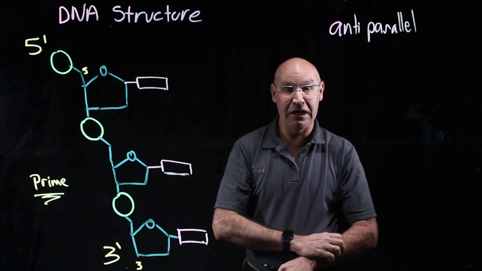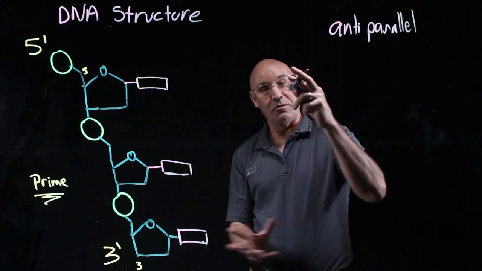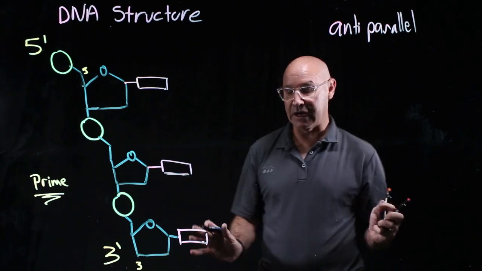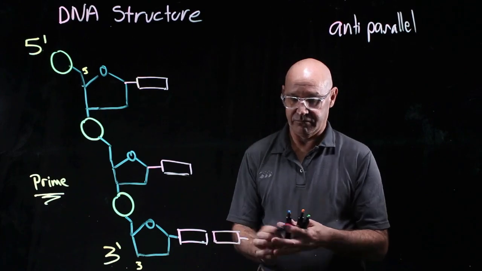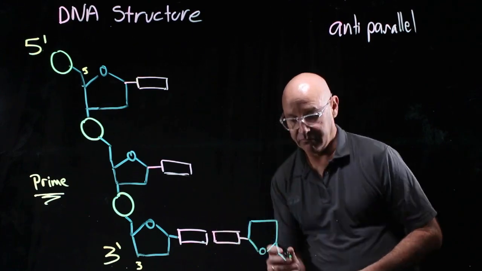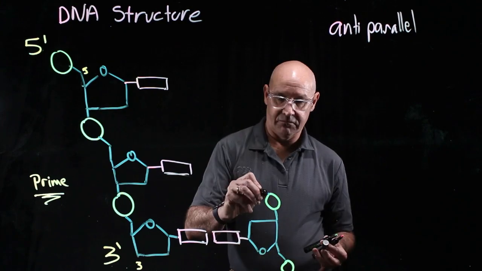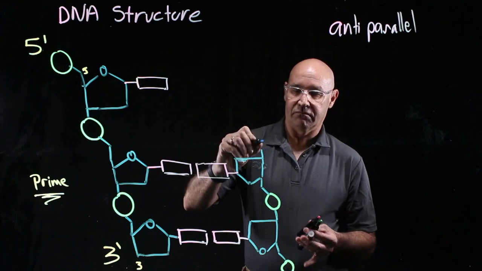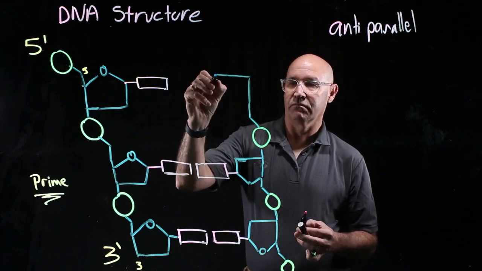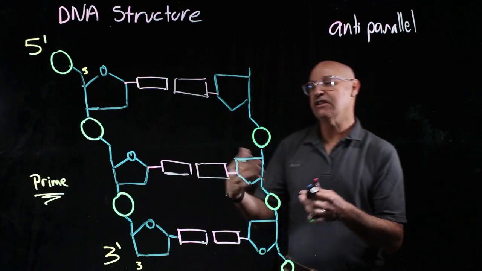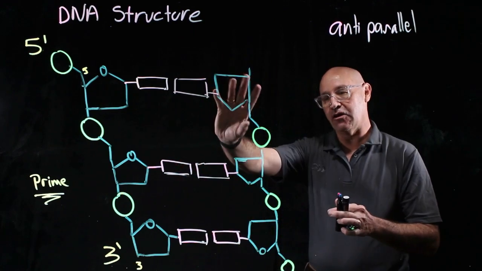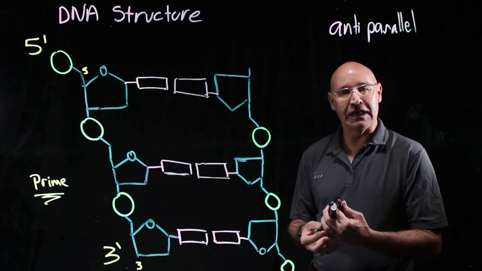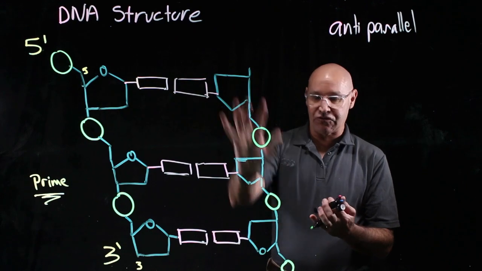It's a little bit harder for me to draw. Normally what I do is I turn the page over, which I can't do here. So I'm just going to take my time and go ahead and try and draw it, and then I'll explain it to you. As you can see, it's a little tricky to draw, so obviously they all should be the same size, and mine isn't quite the same size. Let's go ahead and label this strand.